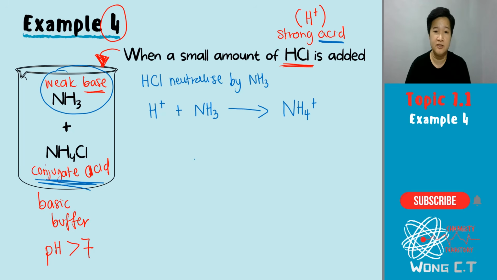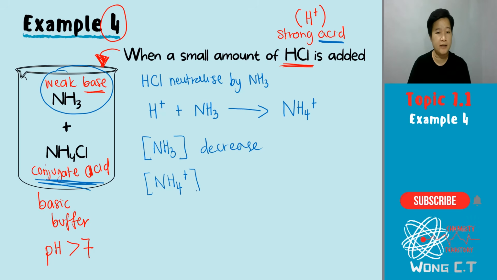Can you see that at this moment we only have 2 species in your buffer? Okay? And as a result, what would happen to the concentration of your ammonia? Since your ammonia is being used, the concentration of ammonia will decrease. Agree? And vice versa, the concentration of your conjugate acid NH4 plus over here will increase because it's being produced.